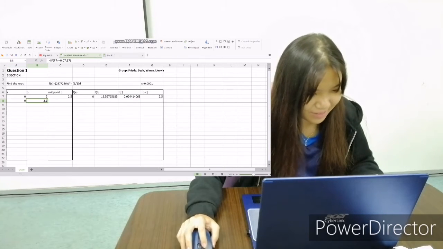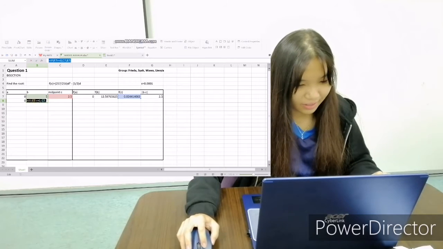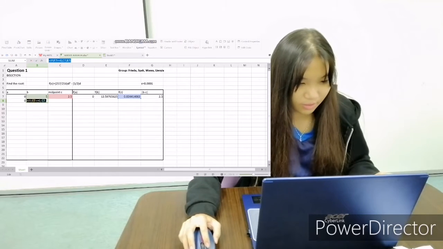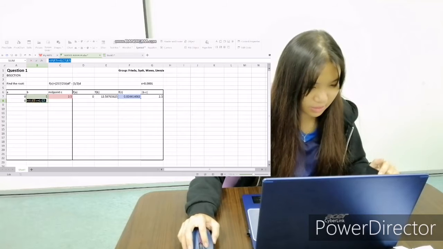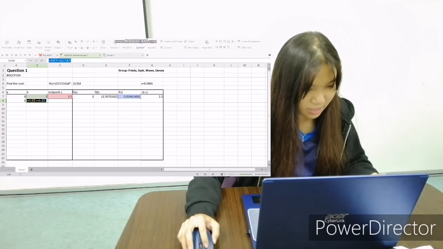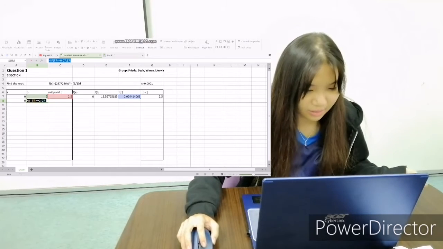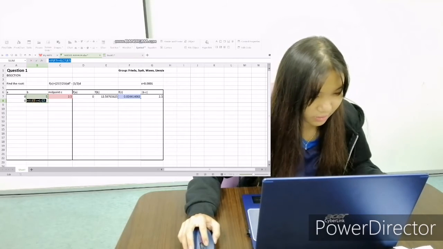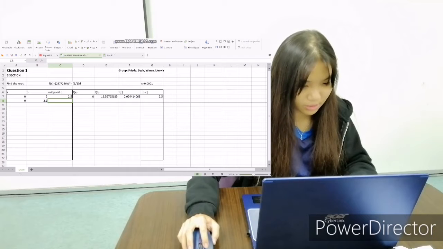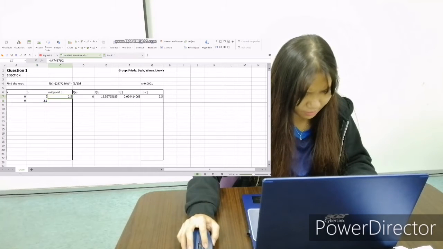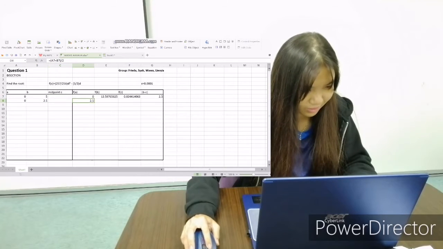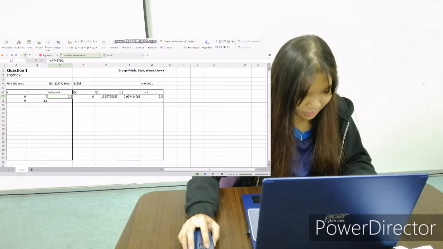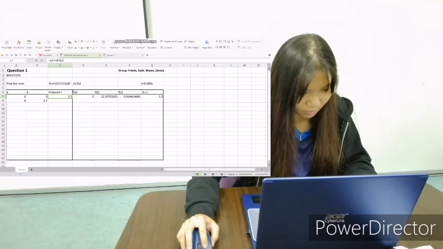For b, if FC is more than 0, it takes the number of C7, the midpoint c. But if it's less than 0, it takes the number of b from before. Then we pull down the midpoint to get the next midpoint.